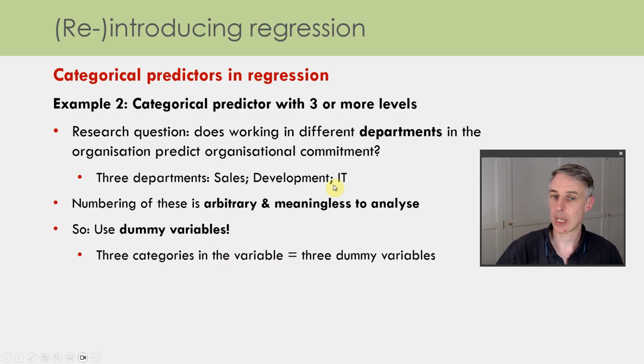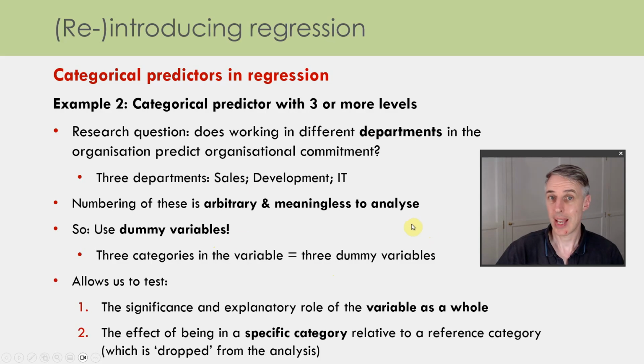Okay, we've got 3 categories, therefore there'll be 3 dummy variables. And that allows us to test, firstly, the significance and the explanatory role of the variable as a whole, the effect of department, as it were, but also the effect then of being in a specific category within that variable relative to a reference category.